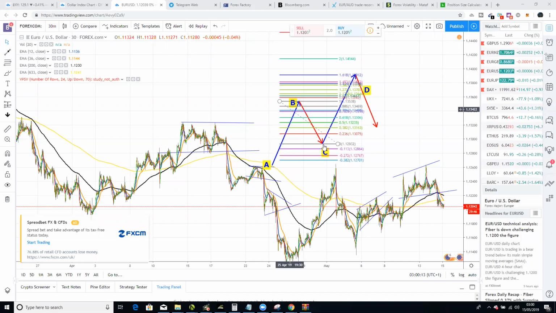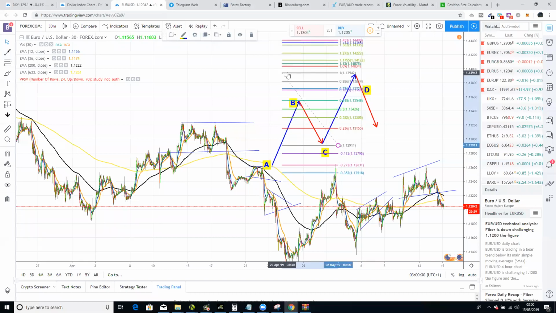Now you can look at the entire move, which is going to be from A to D, the whole length of the move, by shifting your Fibonacci to where the D point is, right there, and then shifting it down to the beginning of the move of the rally, which is going to be the A right there.